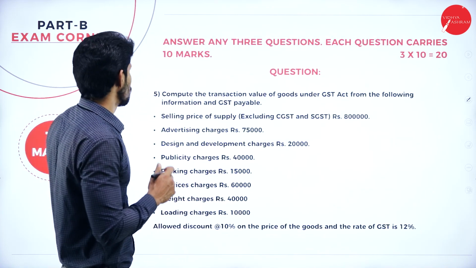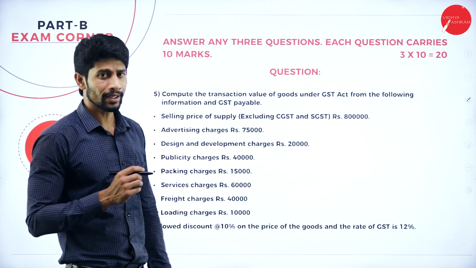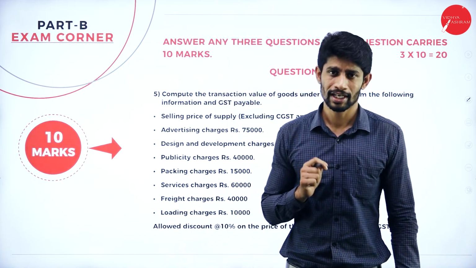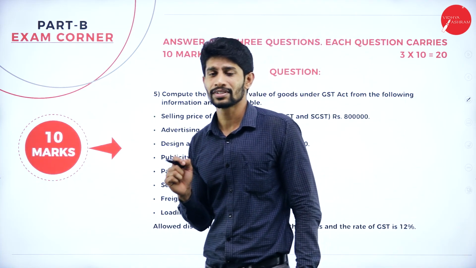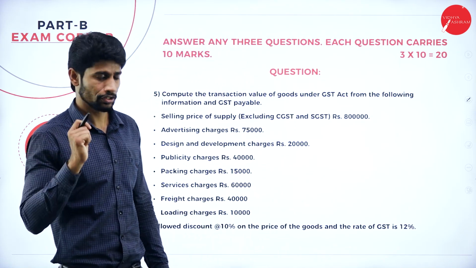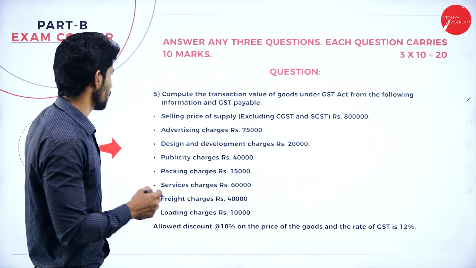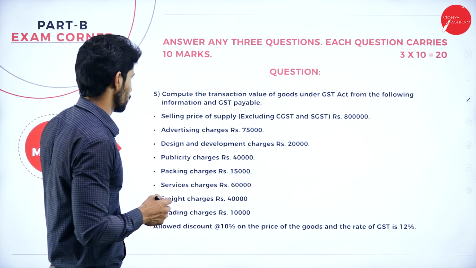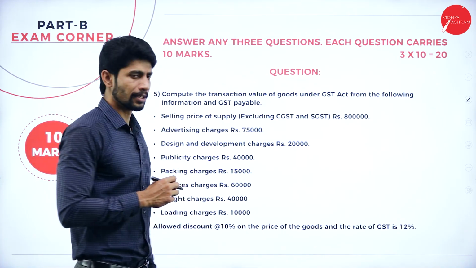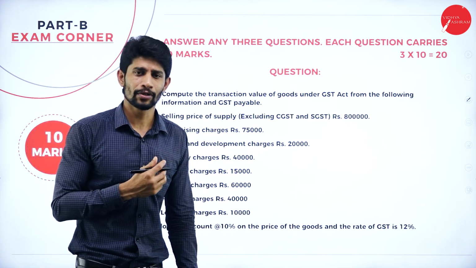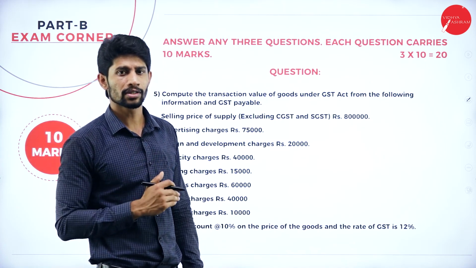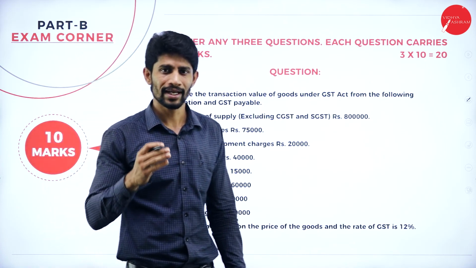Next, moving on to part B, where you will be getting 3 questions which carry 10 marks each. The first one: compute the transaction value of goods under the GST Act from the following information, and GST payable. So here also they will be asking one more question from value of supply for 10 marks. In 15 marks also they will be asking value of supply, and in 10 marks also.